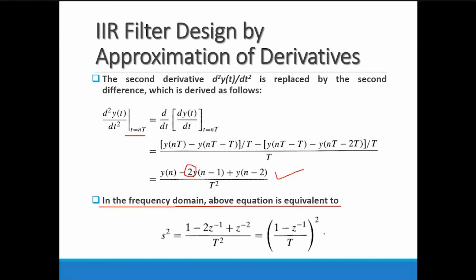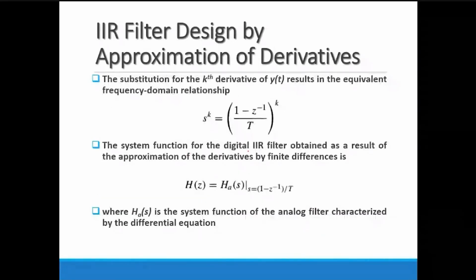Similarly, we can go for the kth derivative and write the equivalent frequency domain relationship as s raised to k is equal to 1 minus z raised to minus 1 divided by T, raised to k.